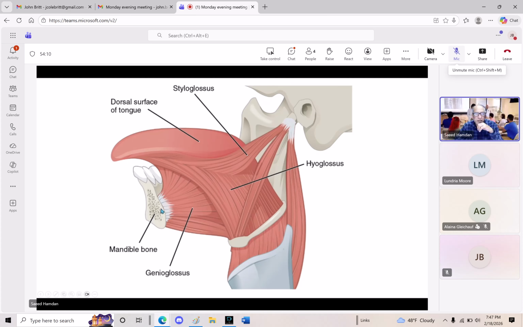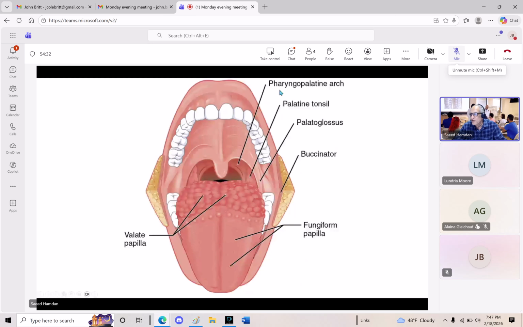That's the mandible right there. So if you are oriented by the name, like styloglossus, styloid process to the tongue, then hyoglossus, hyoid bone to the tongue, and then genioglossus from the mandible to the tongue, right? Let me see what else I have. And then we have the pharyngopalatine arch. They don't have the arch in here.